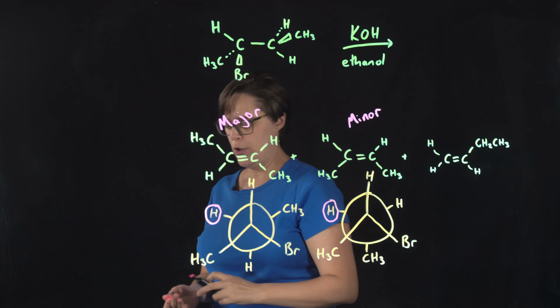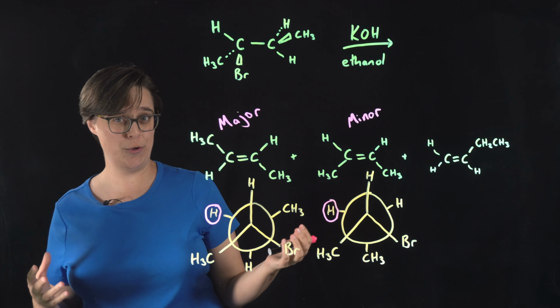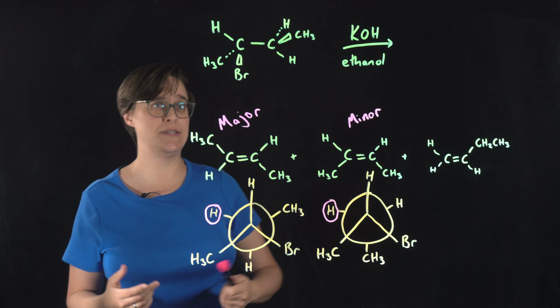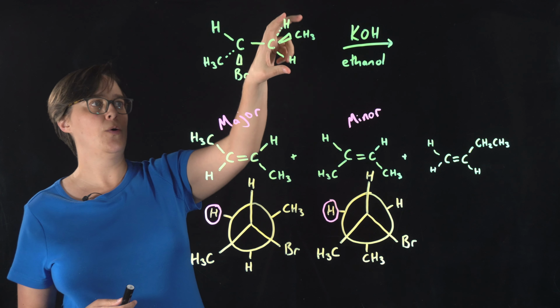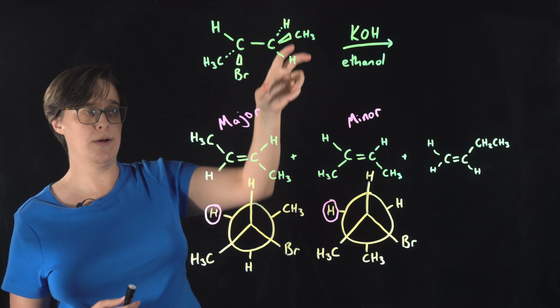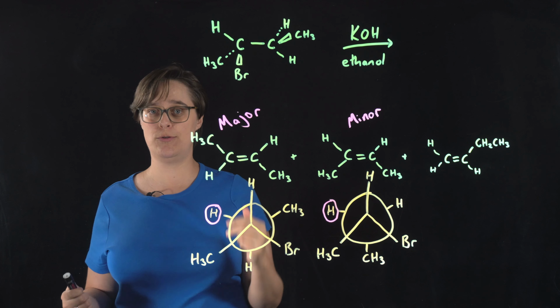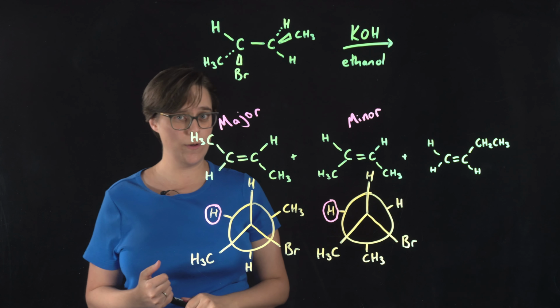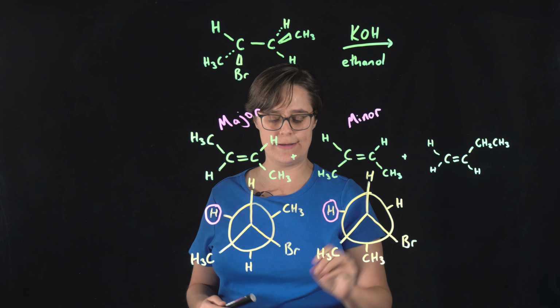Now, you might be thinking that I should have drawn more Newman projections of more conformations, because there are conformations in which we can rotate this carbon-carbon bond and have syn periplanar hydrogens to this bromine. But you know what? Those are even less stable than this.